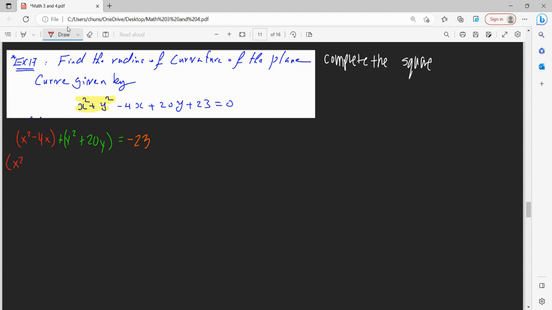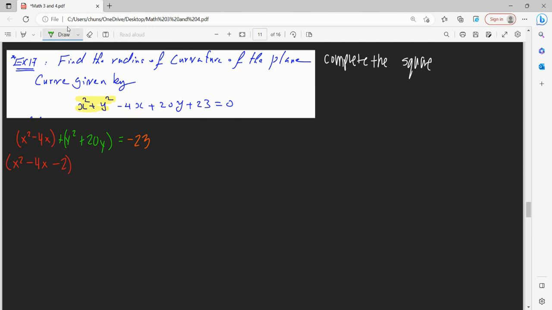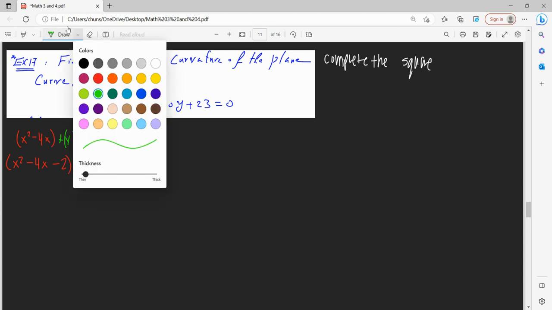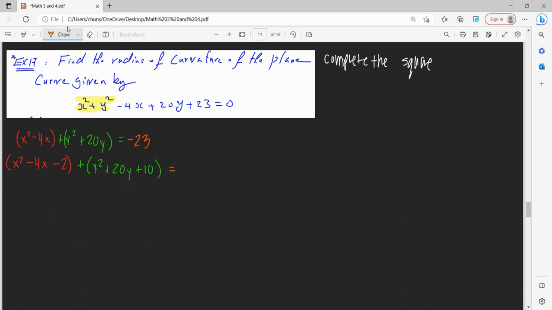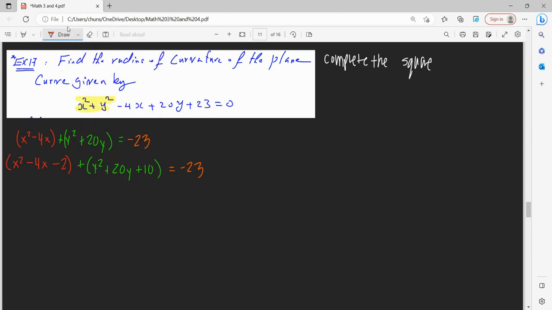So to complete the square, we take our first term and our second term. We're going to take that second term divided by 2, which is negative 2. Add it to there. And then that's plus y squared plus 20y. Half of this term is 10. So then we add 10 to that side. Equals negative 23. And then we're going to take the new terms that we added. So we added negative 2, and we're going to add it to this side, squared.